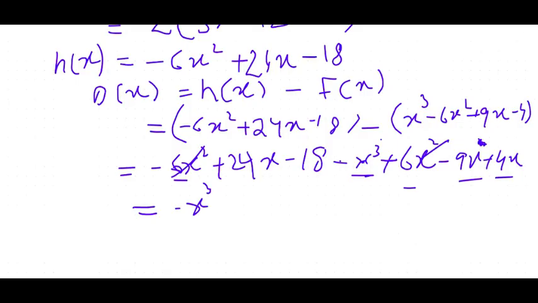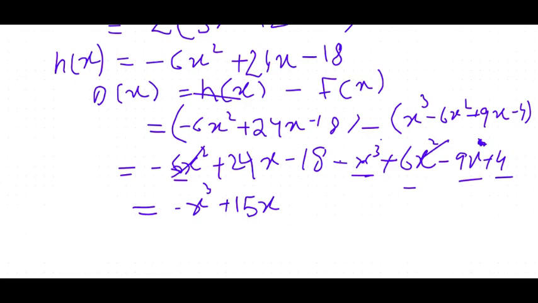I put the x over here, so that's why I'm confused. So we have 15x when we get 24x minus 9x. Now we have minus 18 and plus 4, so we write over here minus 14.